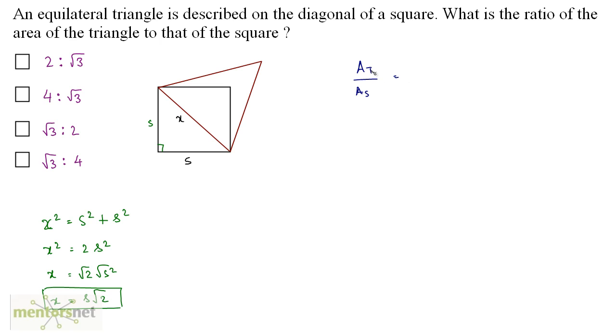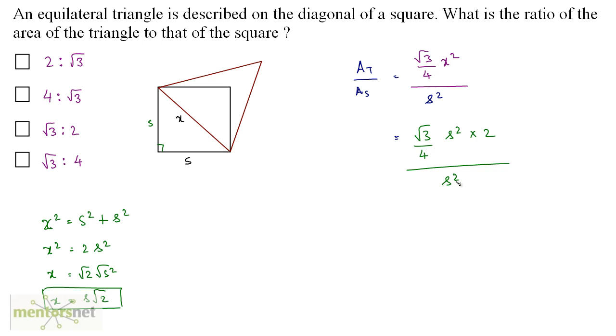Now what is the area of an equilateral triangle with side X? That will be root 3 by 4 X square upon what is the area of a square? That's side square. We know the side as S. So put the value of X here. So root 3 by 4 X square becomes S square, and root 2 square, that's 2.